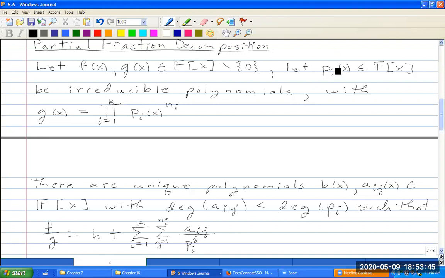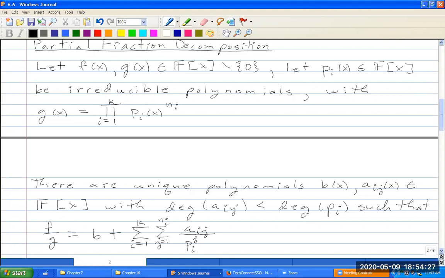Let p sub i be a polynomial with coefficients in the same field, and let it be an irreducible polynomial, where it's actually the factorization of your denominator. So where g of x is equal to the product i equal 1 to k of p sub i to the power n sub i for some whole numbers n sub i.